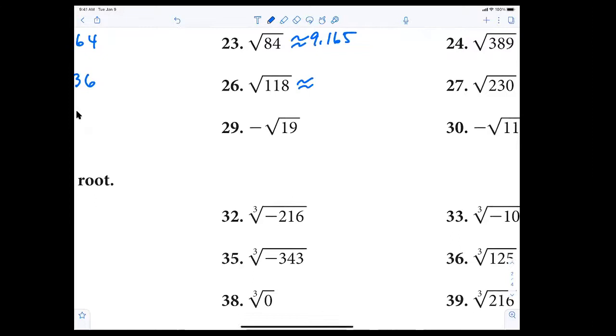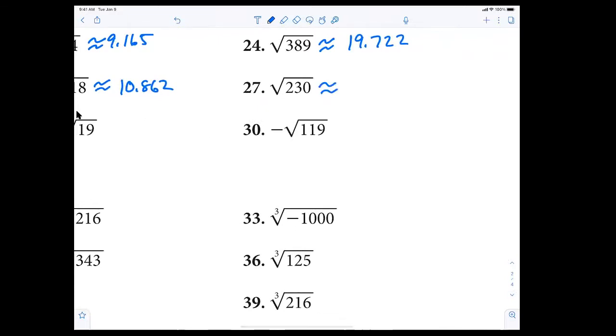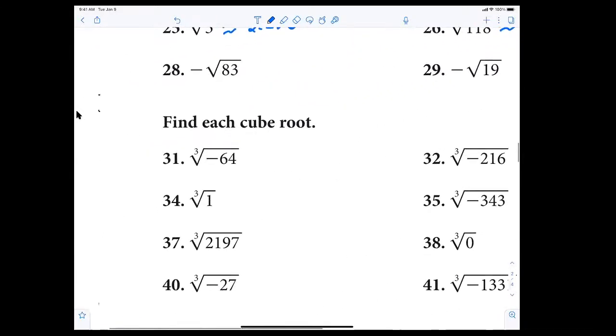Go, 26. 10.862. Next. Sean, come on. 15.166. Okay. Over here, go. Negative 9.112. 29.